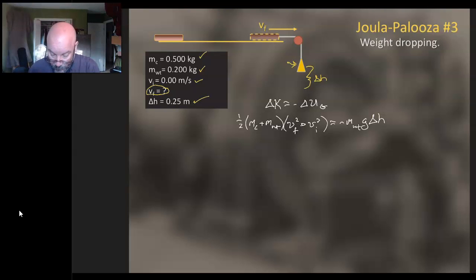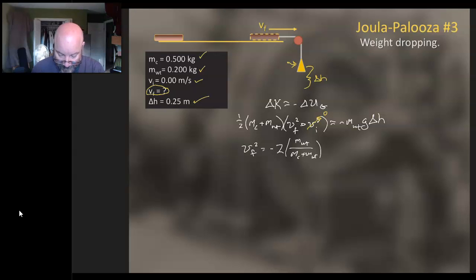So we're going to start out from rest, so that term goes to 0, just like that. I'll do a little bit of algebra here, and we're going to get that V final squared is going to be minus 2 times the mass of the weight divided by the mass of the cart plus the mass of the weight.